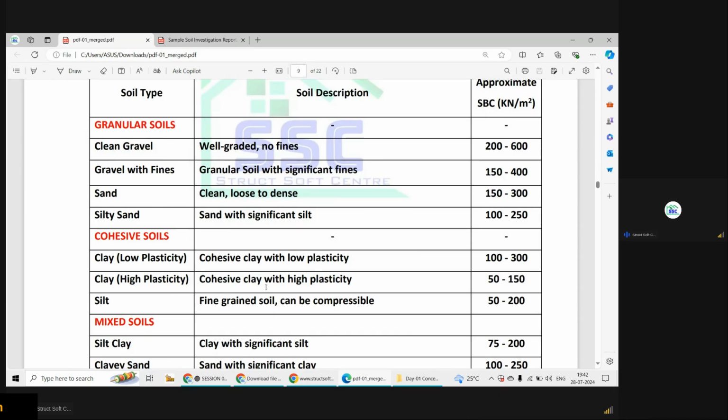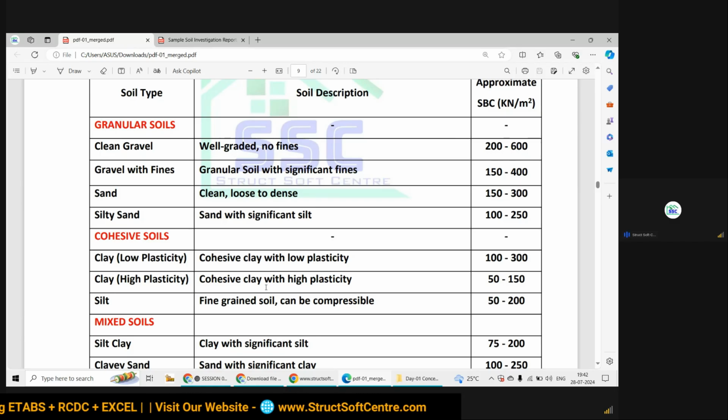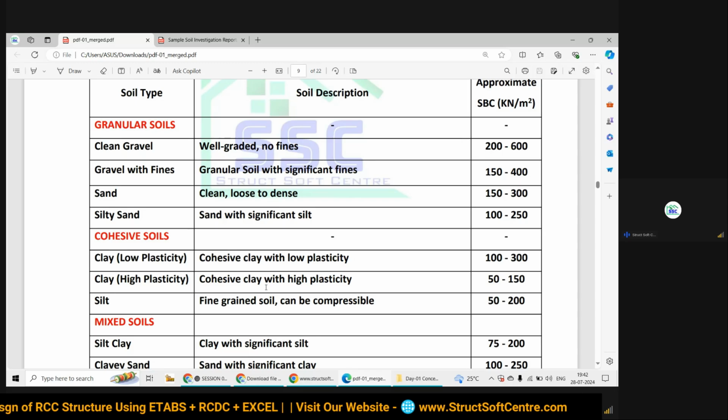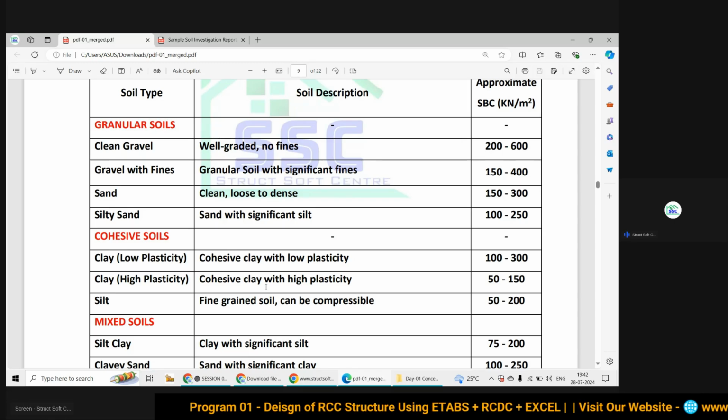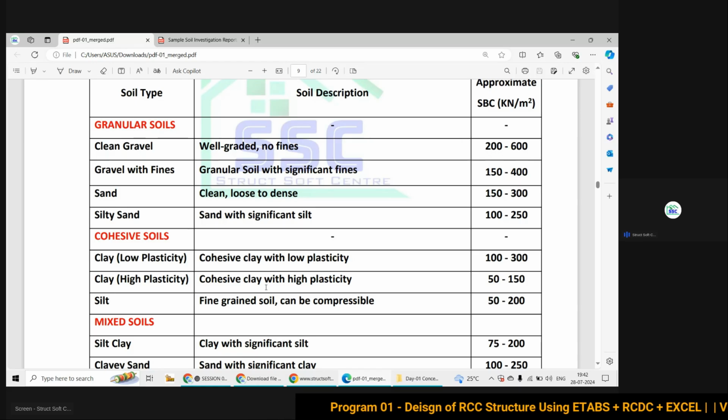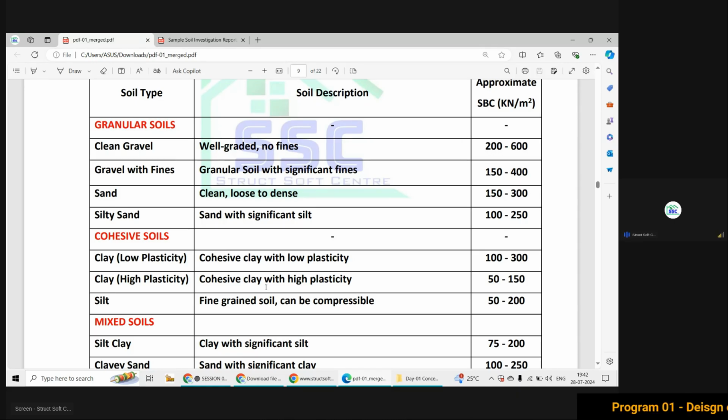In a small city there is no scope of doing the soil investigation. We are all aware of this, because we all belong to small cities and small towns. Some of you may also be living in metropolitan cities, like Mumbai, Pune, or Bangalore, where there is some scope to do the soil investigation.